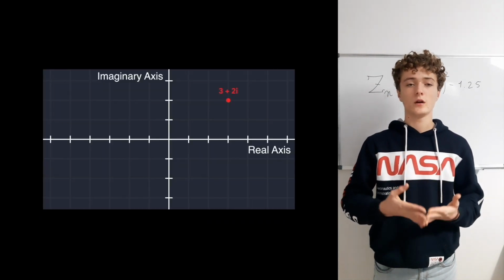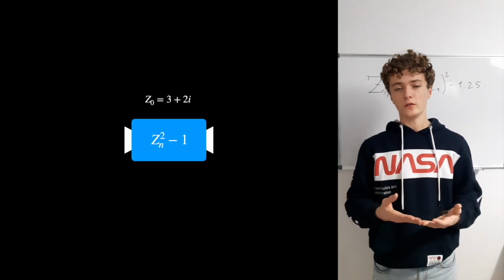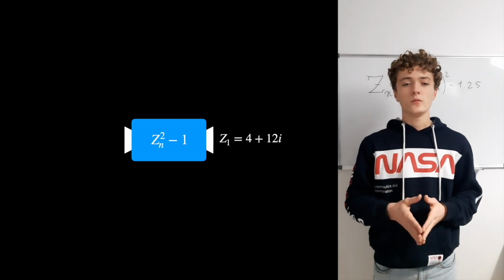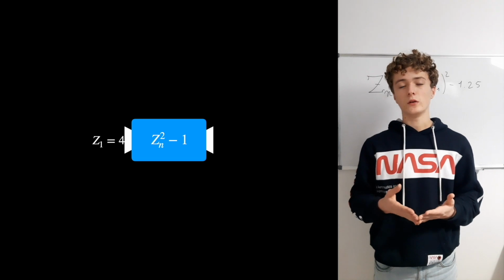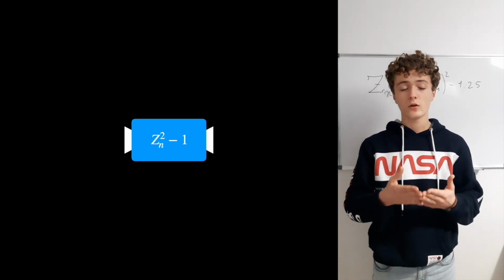The mathematician Gaston Julia studied the fractals made from complex sequences, which led to the creation of the Julia set. Fractals can be created with complex sequences applied to every point of the complex plane. The principle of those complex sequences is simple. You have a complex sequence formula and each point has the same complex sequence formula, but the first term is the complex value of this point.